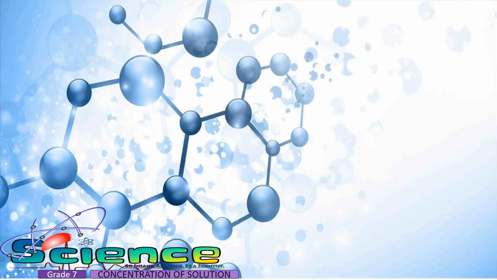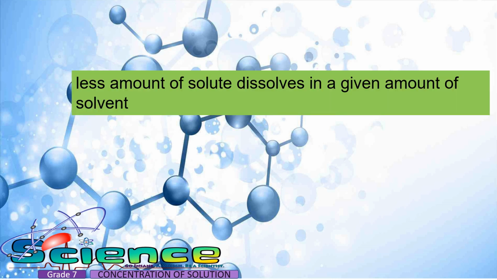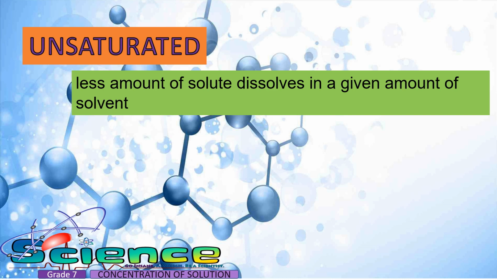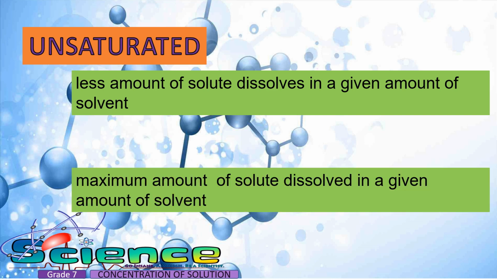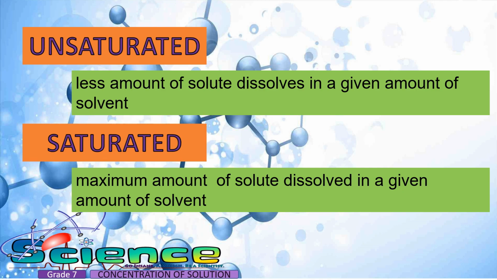There are two types of solubility. When there is a less amount of solute dissolved in a given amount of solvent, the solution is said to be unsaturated. But when there is a maximum amount of solute dissolved in a given amount of solvent, then the solution is saturated.